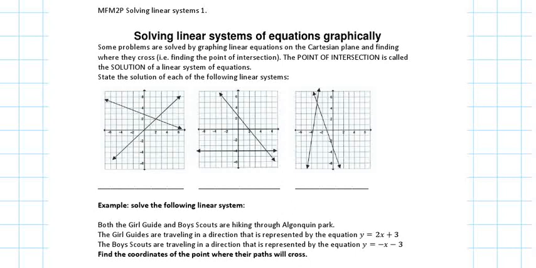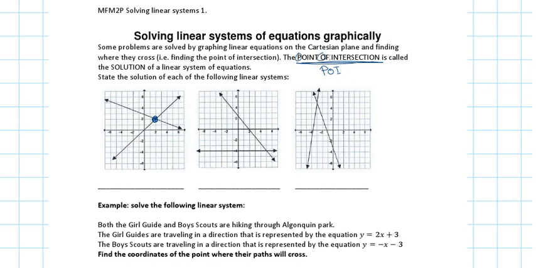In this case, we call that point where the two lines meet, that point right here, the point of intersection. We abbreviate it as POI.